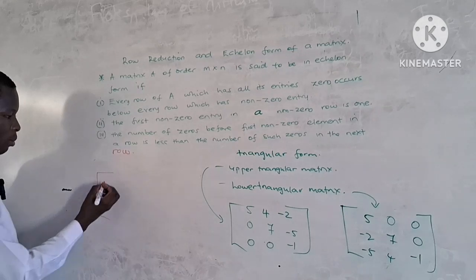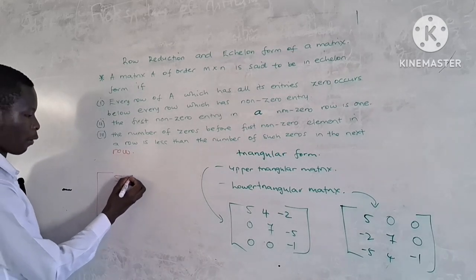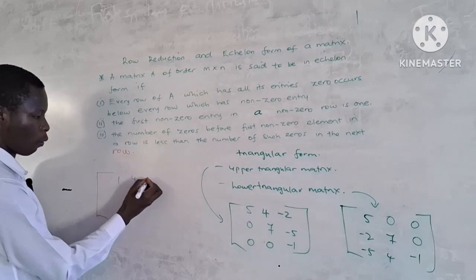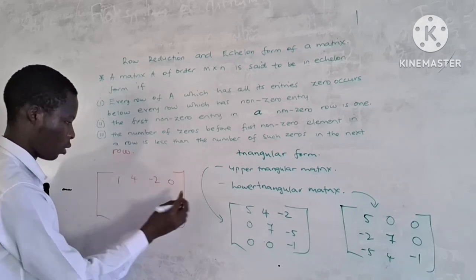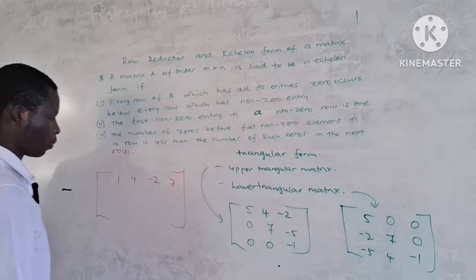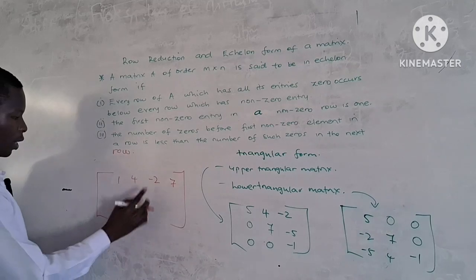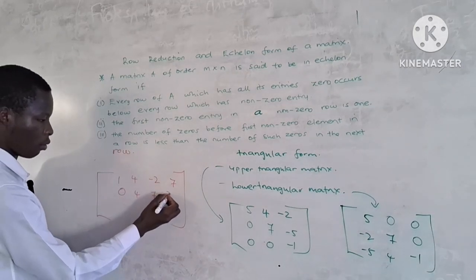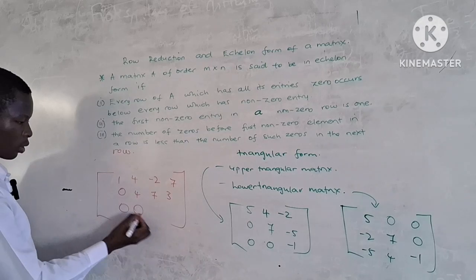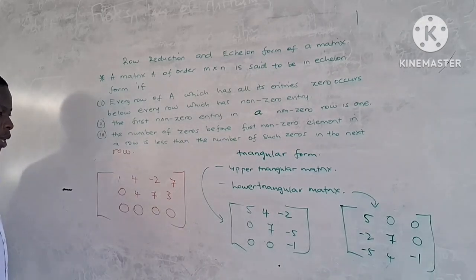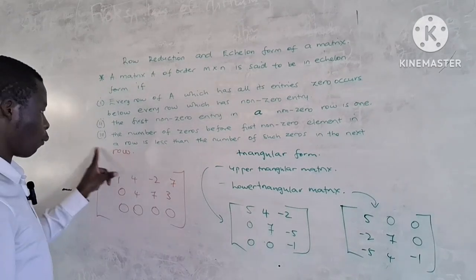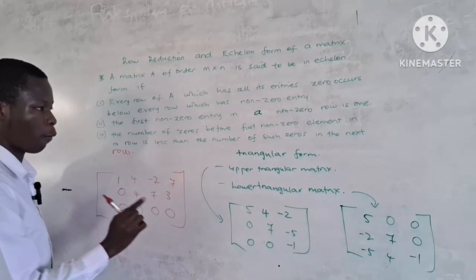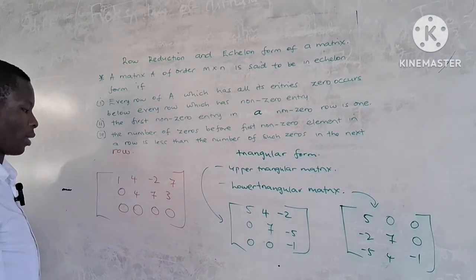I'm going to give you this matrix: 5, 4, then 1, 4, negative 2, 7, then here 0, 4, 7, 3, and here 0, 0, 0. The meaning of this is the number of zeros before the first non-zero element in a row.